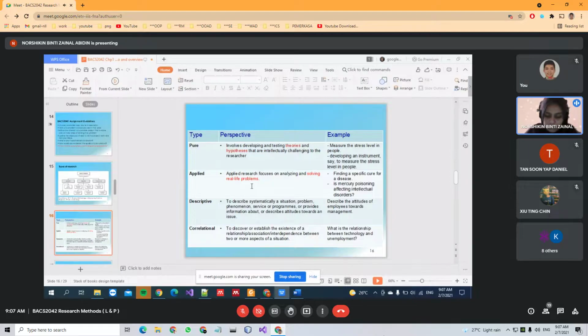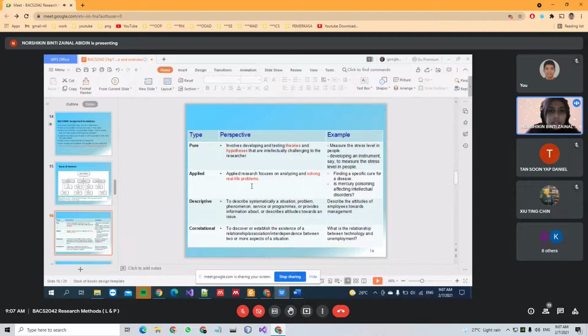So, when we're doing research, there's not only one type of research. It's not like you're literally doing only one type of research. Research can be classified into a few classes.